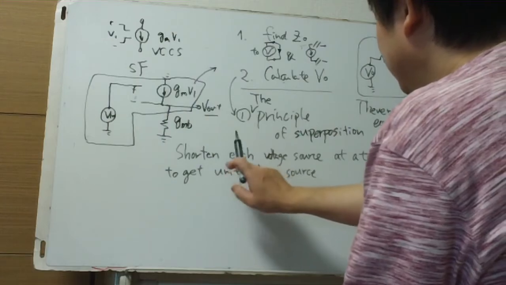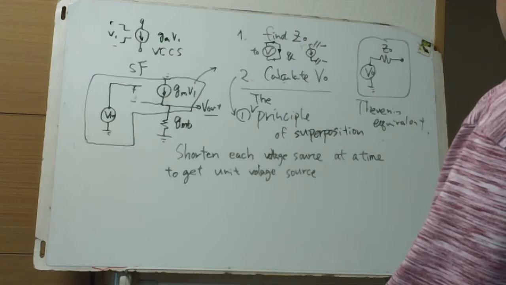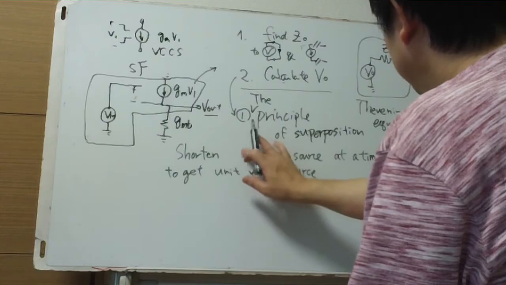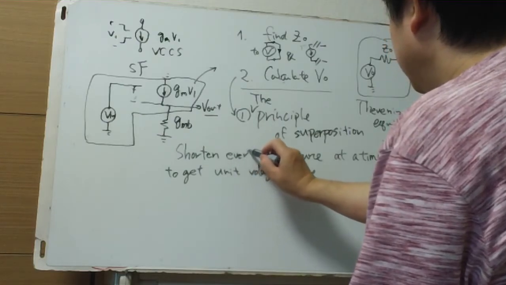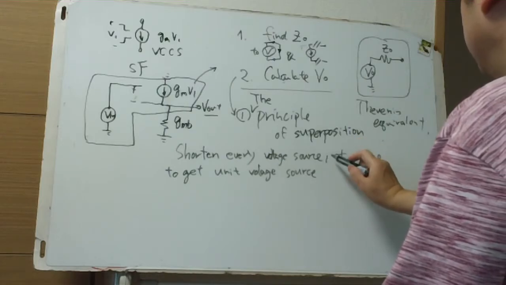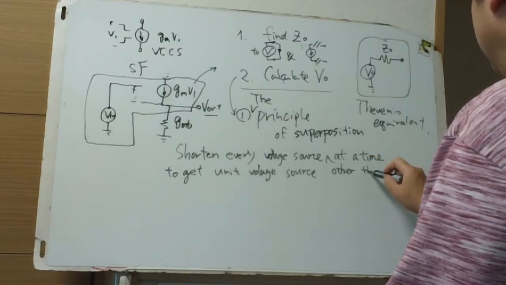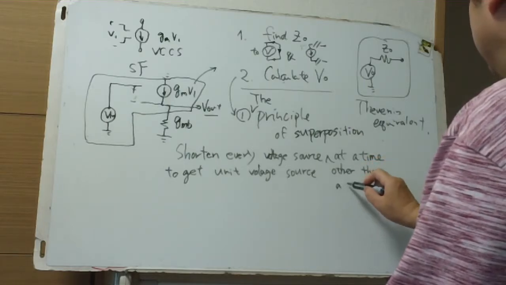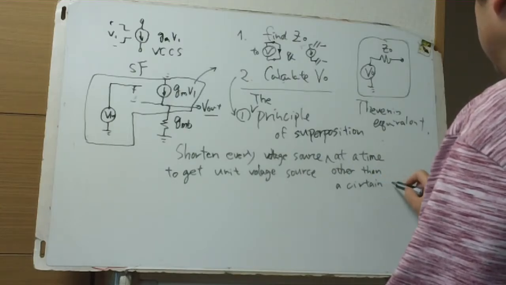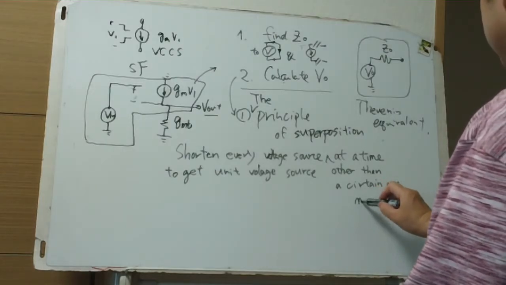So shorten every voltage source other than a certain one mentioned.